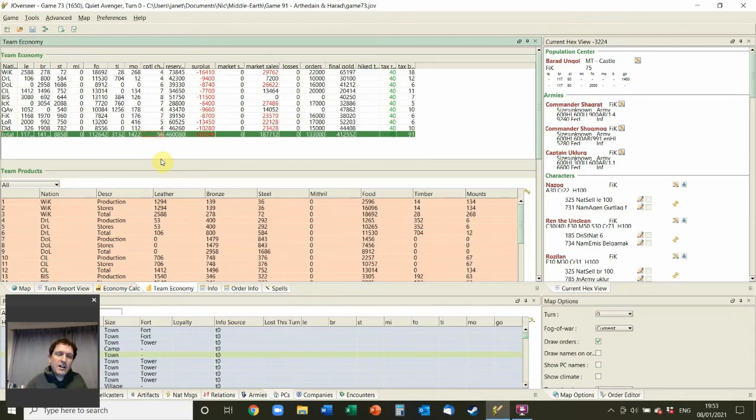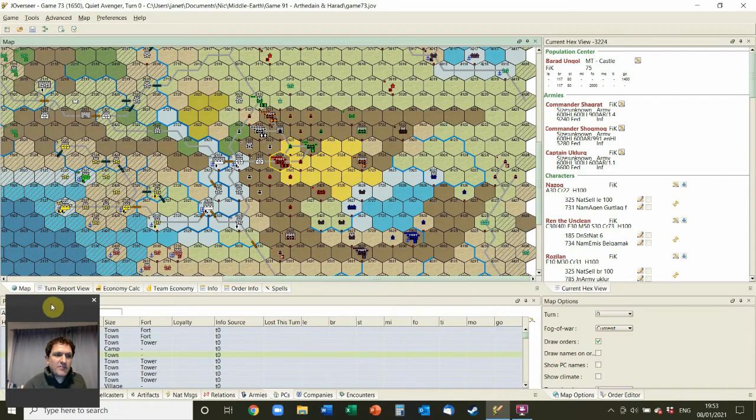If you go a little way into the game, it's a very good way of seeing, at a glance, which of your teammates are really struggling and need to have some gold transferred to them to keep them afloat, and which are doing rather well and can be politely asked to send some gold to the poorer nations. Okay, I'll just click back to the map function and move my beautiful face up here.